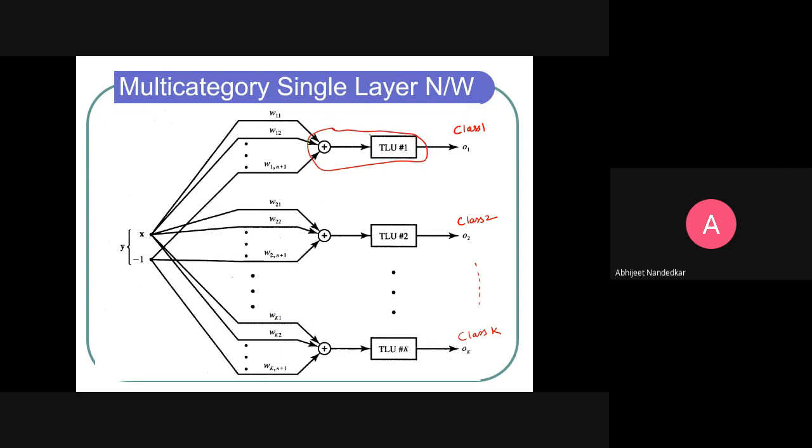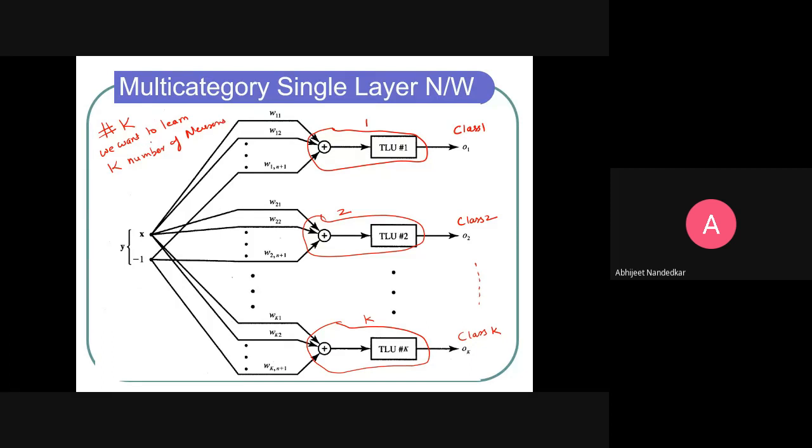Okay, so this is neuron 1, then this is neuron 2, and this is neuron K. So there are K number of classes we want to learn. Then I should have K number of neurons.